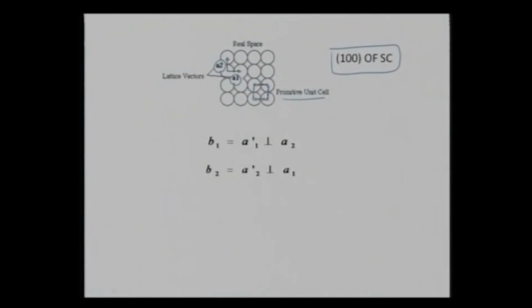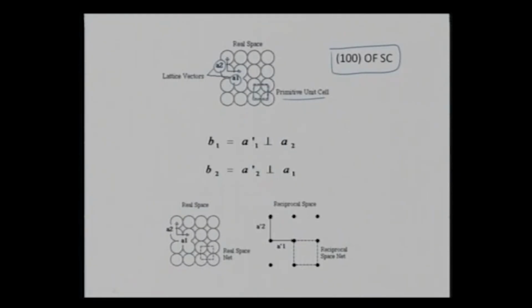Now if I come back to my reciprocal lattice, what I can see is my A1 dash is perpendicular to A2. So my A1 was out here, and my A2 dash is now perpendicular to A1.